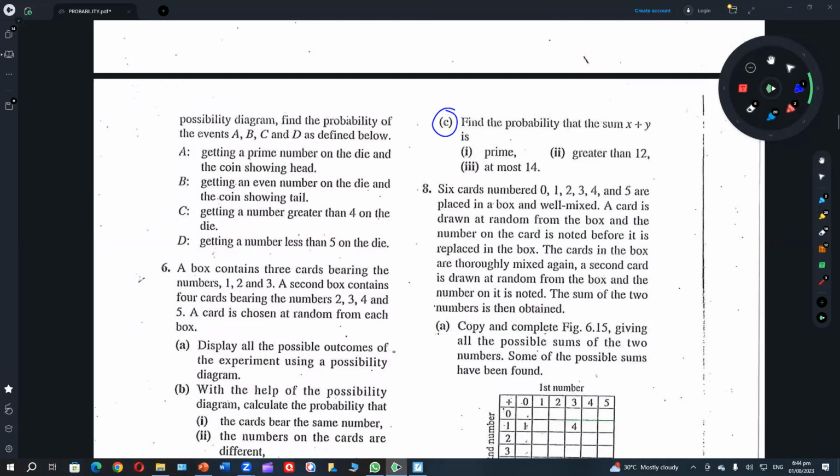Now see part number C. So we add all the numbers.